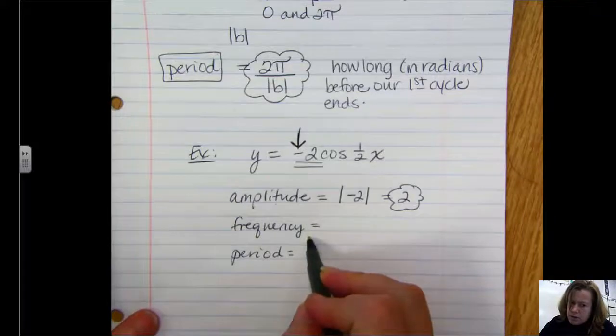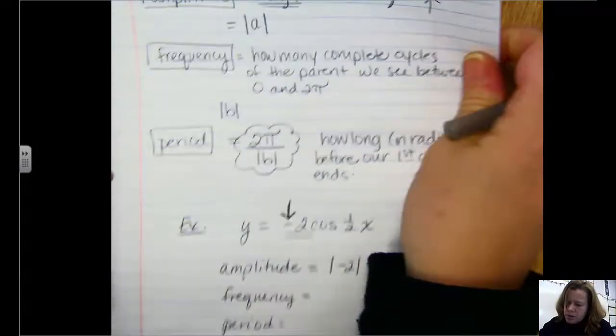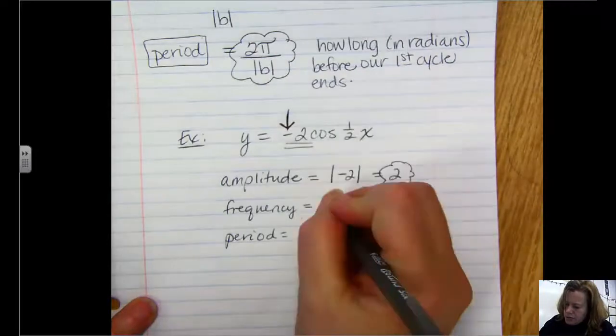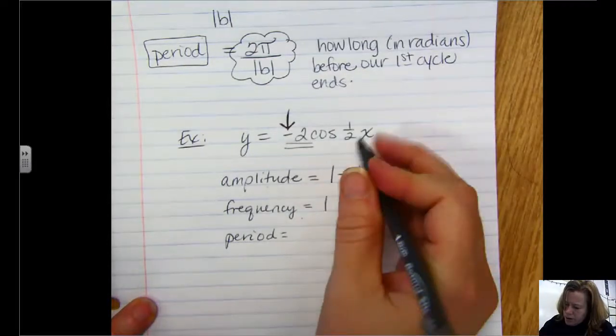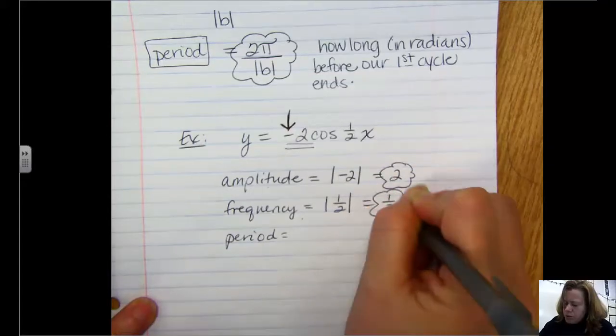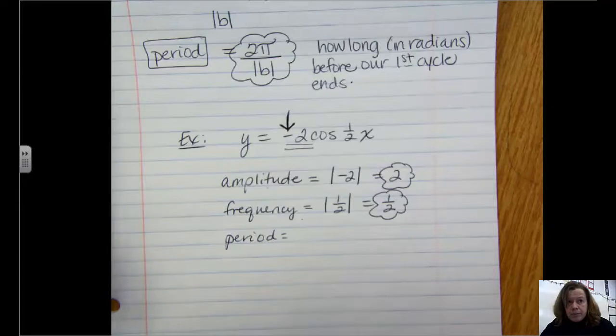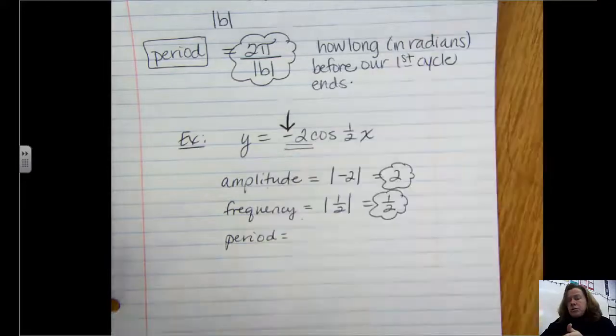Frequency, defined above, is the absolute value of b. So the frequency of this graph is the absolute value of 1/2, which is 1/2. So that means I'm only going to see half of my complete cosine wave from 0 to 2 pi. Which means it takes a long time for me to completely see a graph, which means my period.